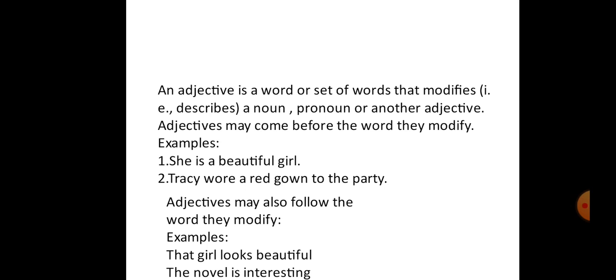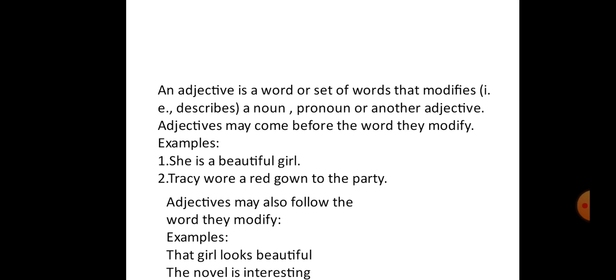If you remember vividly when I taught you via the video, I told you that the first two letters in the word adjective, A-D, simply mean addition. So an adjective adds information, adds description to a noun, to a pronoun, or to another adjective.